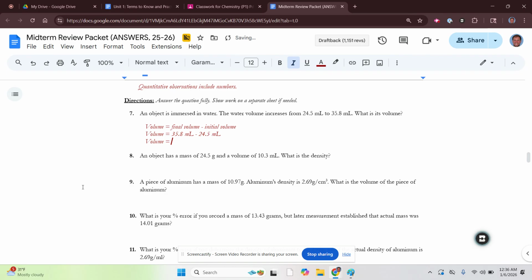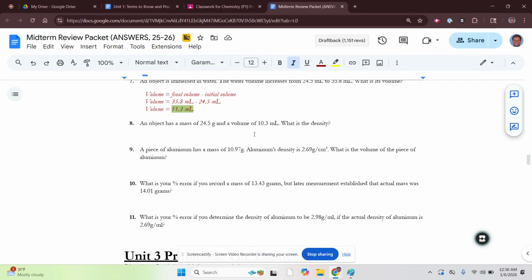Let me hit the calculator. 11.3 milliliters. That is the volume of this object. It's a really great strategy to find the volume of awkwardly shaped objects like hunks of metal or coins, all right?